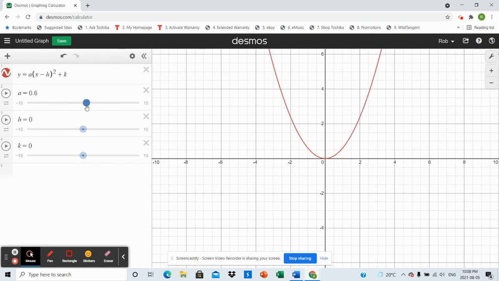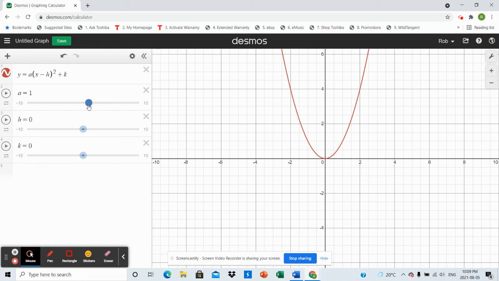I'm just going to set a back to 1 for a second because there's one other thing I want to show you, and that is when a is between 0 and 1. Instead of vertically stretching, when a is less than 1 but greater than 0, it's going to do a vertical compression. You're going to see it do the exact opposite of when a got bigger.